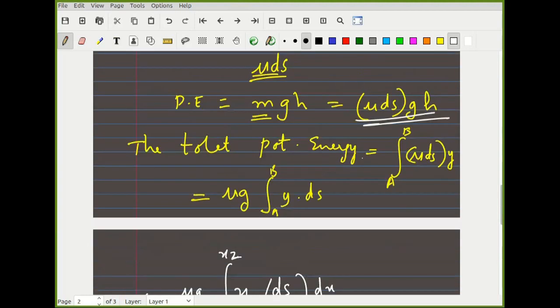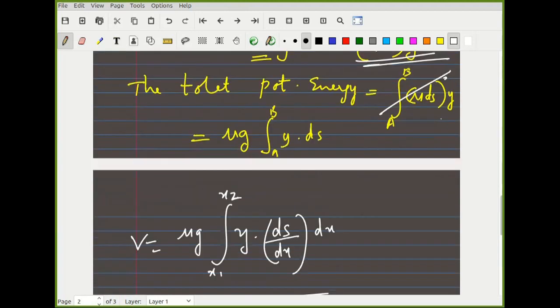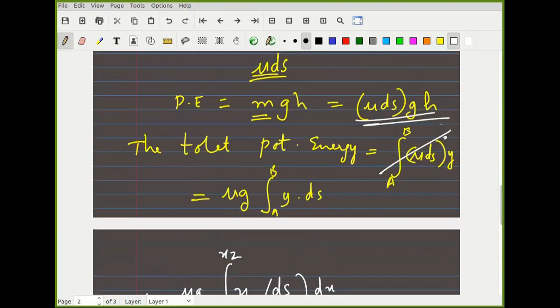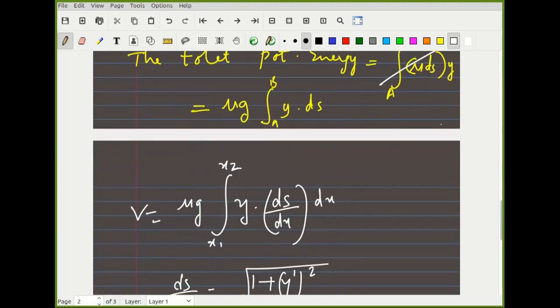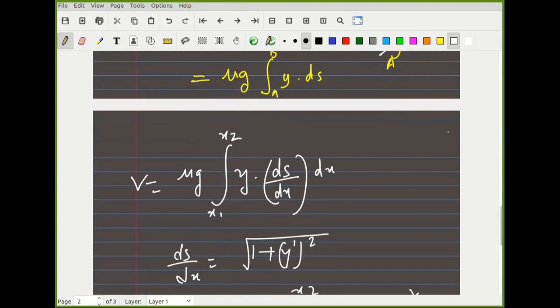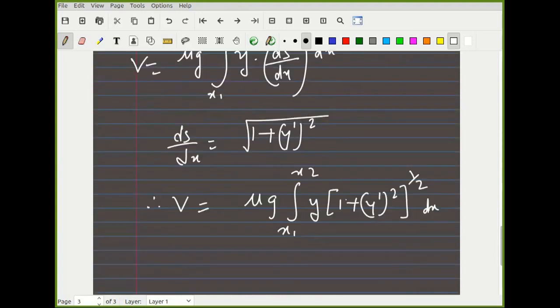So only after I do this manipulation, so this is not quite right, but here I've done that manipulation as the potential energy being mu ds g h can be written as mu g times y ds by dx times dx when I introduce the integral.